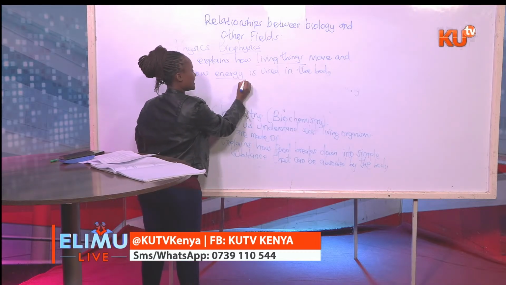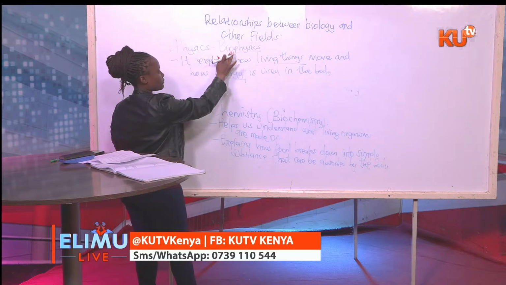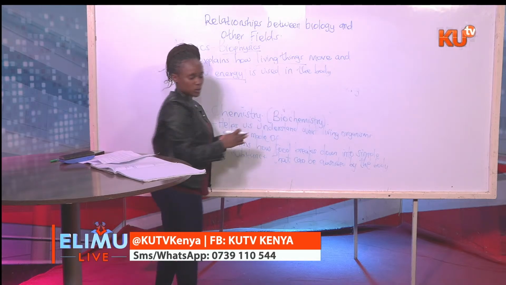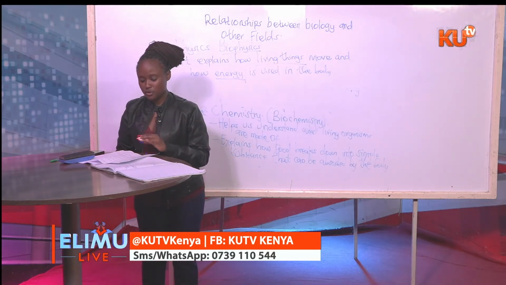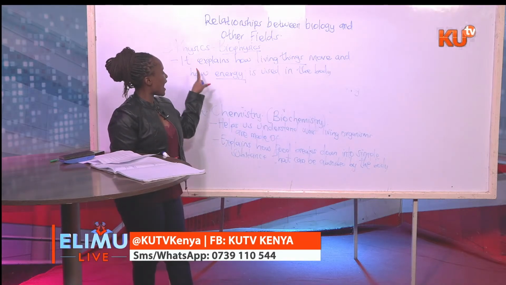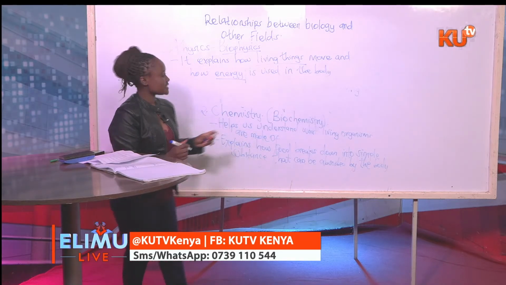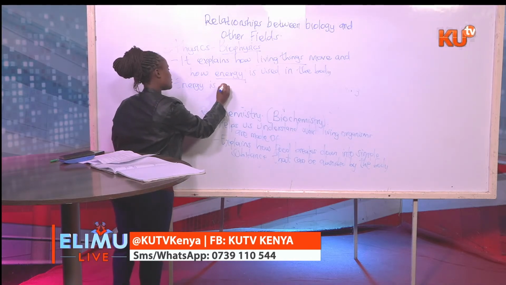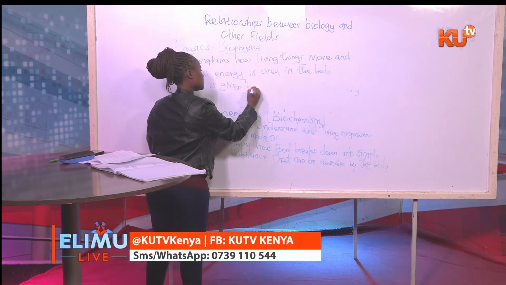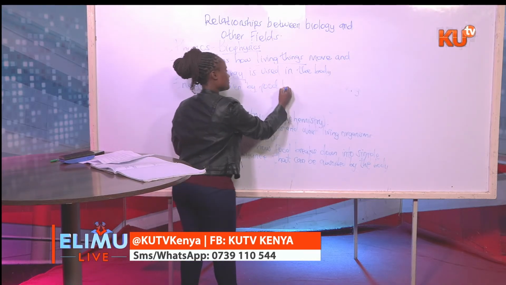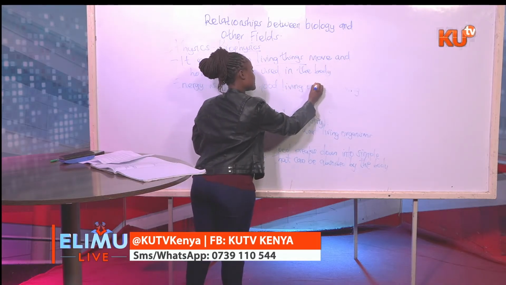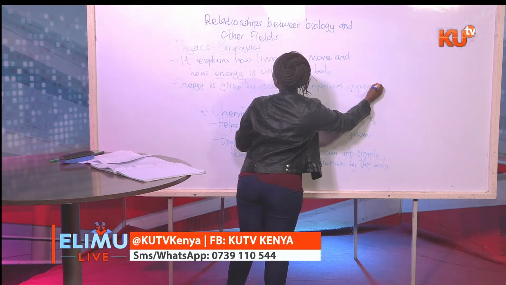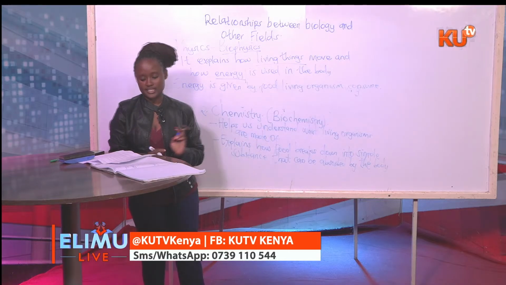Living things need energy in the body. So physics or biophysics helps us understand how energy is used in the body. Energy intake from food can be related to physics. Energy is given by food that living organisms consume.